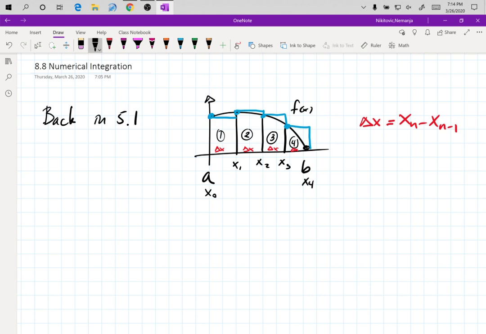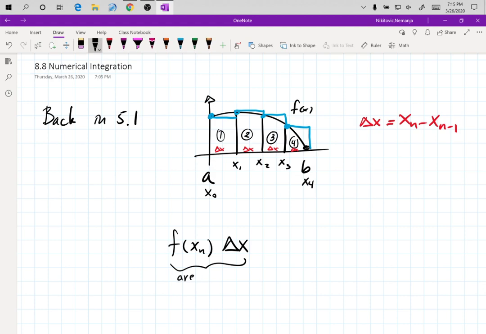So what we defined as the definite integral in Calc 1 was this. You take your function at x n, whether it's x1, x2, x3, I don't care, one of those, and you multiply that by delta x to get one area. So area of one rectangle.